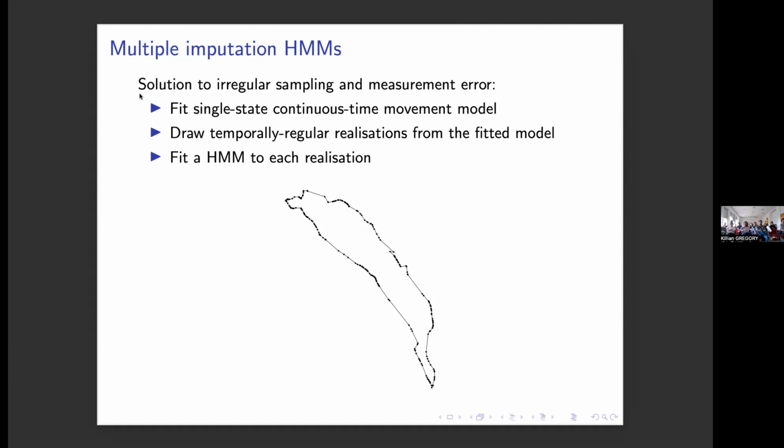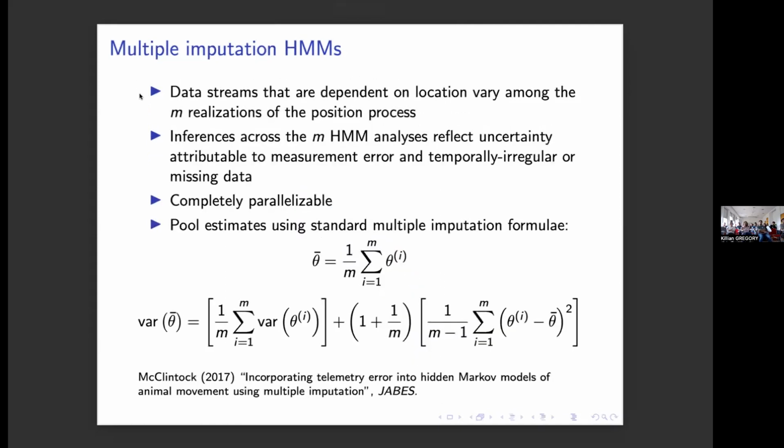But anyway, we already saw this slide. We're going to fit a continuous-time movement model that Devin's going to give all the detail on, and then we draw all these realizations and fit the model to each one. The way multiple imputation works is it uses classic statistical theory: if you take the estimates and the variances from all the individual fits, there is a well-known formula to get your overall estimate and your overall variances.